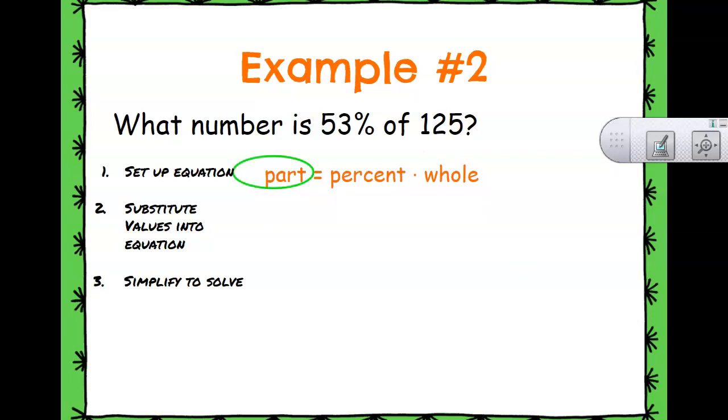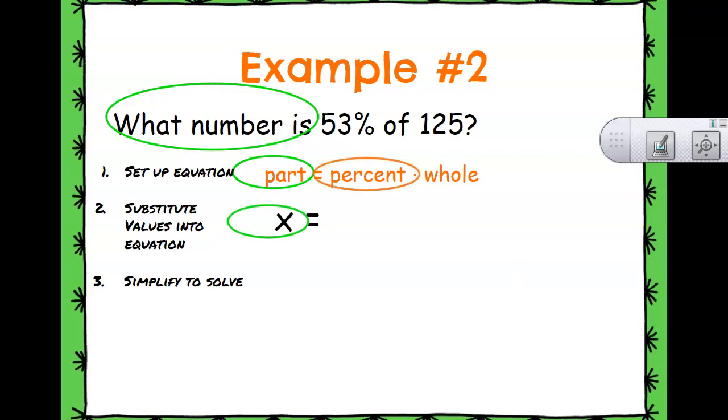So I'm looking for keyword "is," and in the problem I see what number is. That's an unknown, what number, so I'm going to put in a variable like x. Equals. Now I need to find the percent. So again, I look back at my problem, I look for that percent sign, and I can see it right here, 53%.